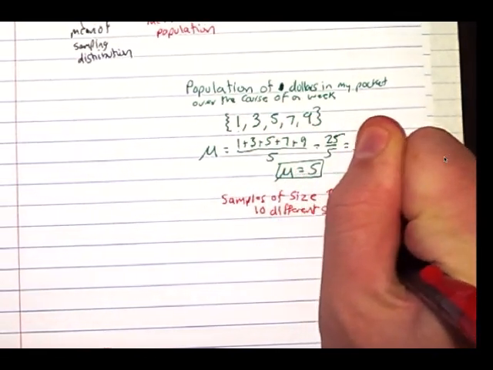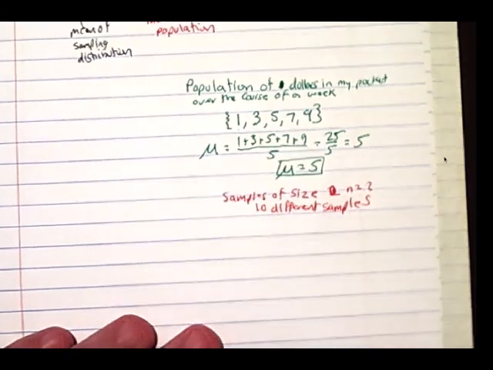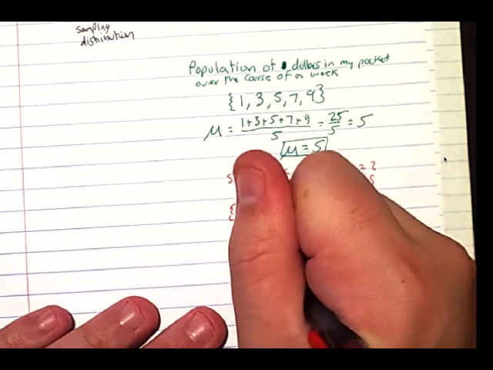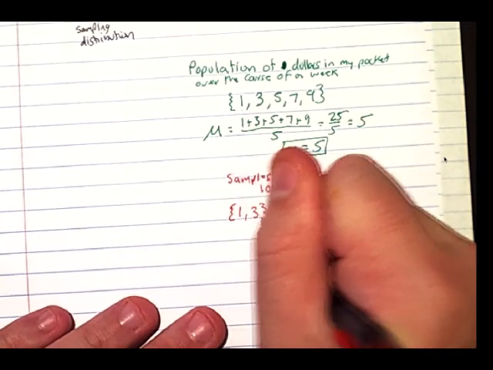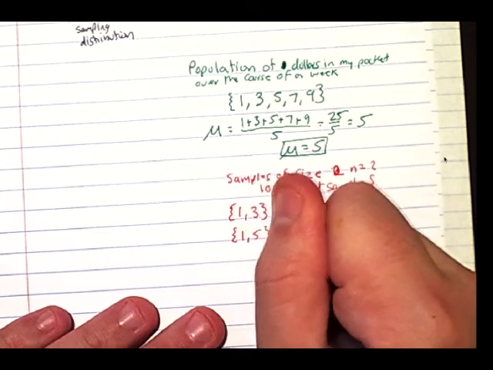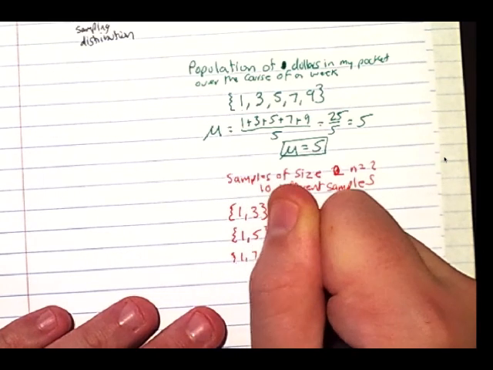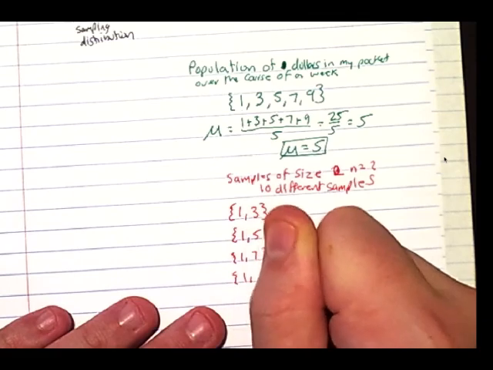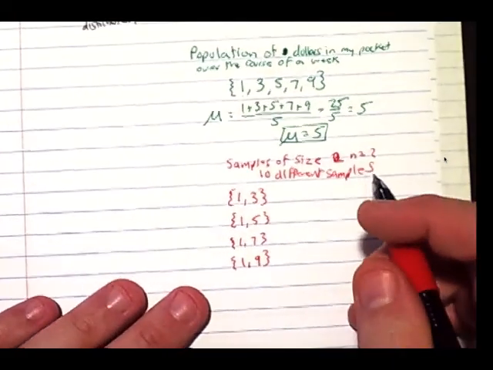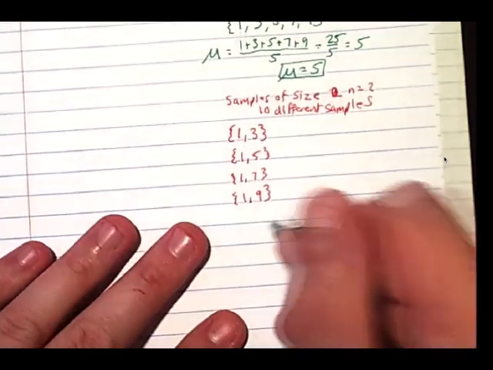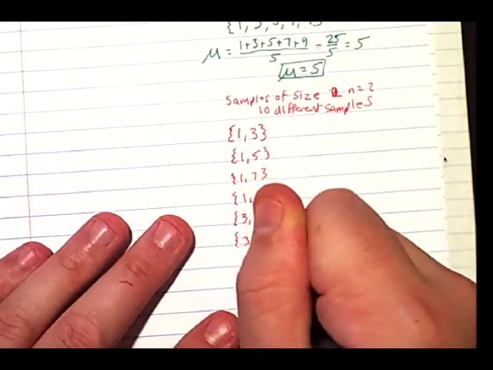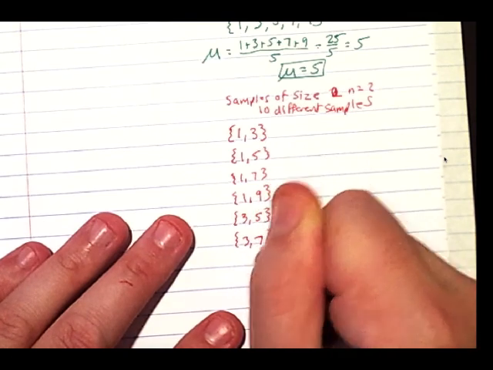Let's see if we can list them. I'm only picking 2 of these. So my first sample, let's say I choose the 1 and the 3, of course by random. Then the 1 and 5, the 1 and 7, and 1 and 9. Then the 3 and 5, the 3 and 7, and the 3 and 9.